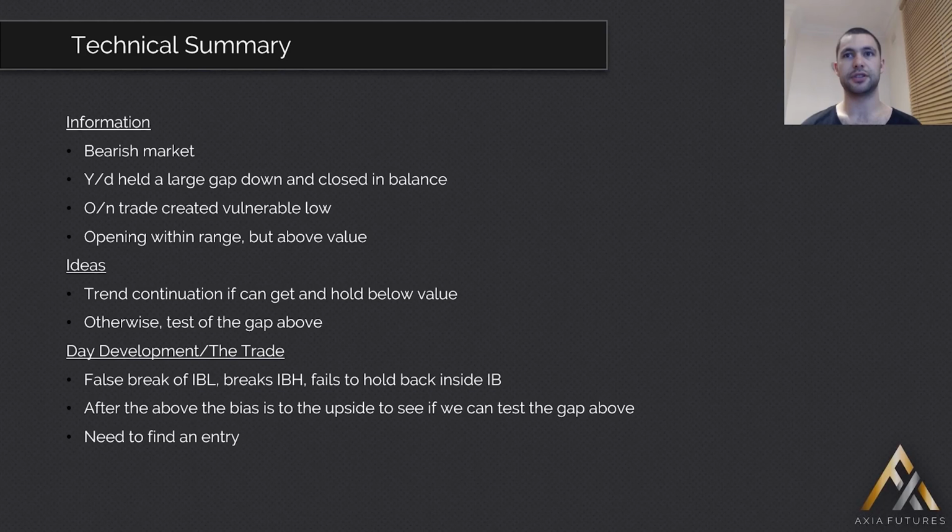And now that we've seen this false break of the lows, and the low of this IB corresponds to that decision point, the center of value for yesterday, now potentially we should be looking for a trade to the upside. Do we break yesterday's high? Do we potentially try and close this gap? And that's the idea we should be thinking, but we need to find the entry.